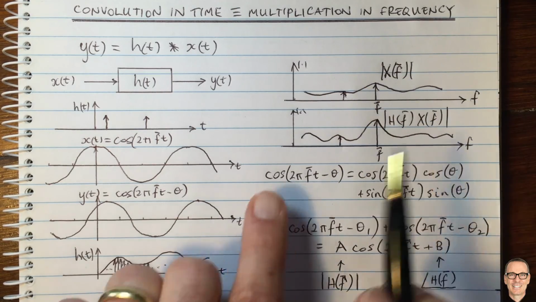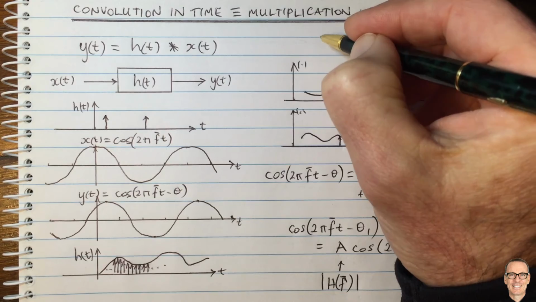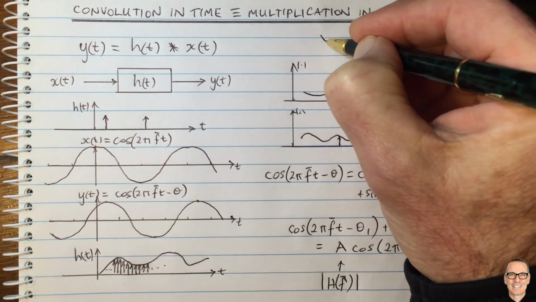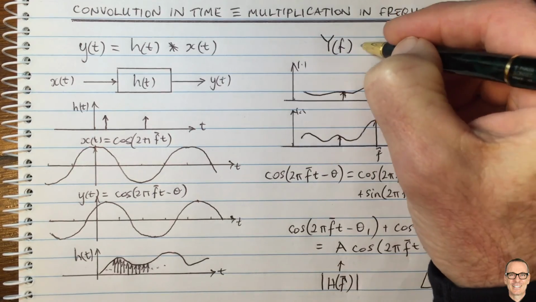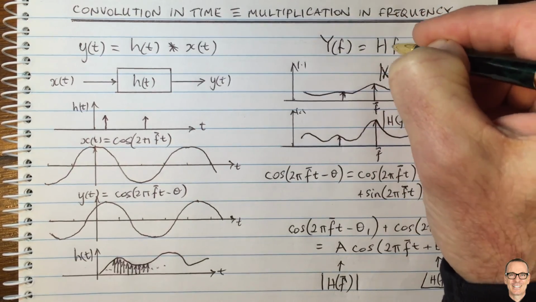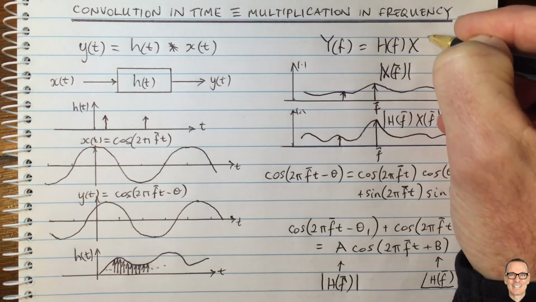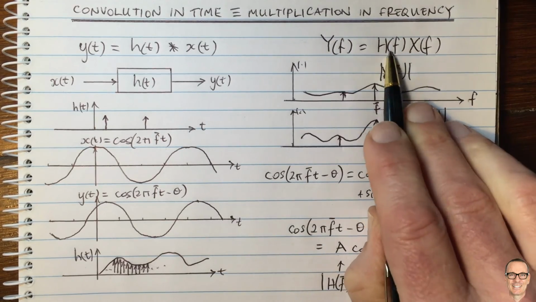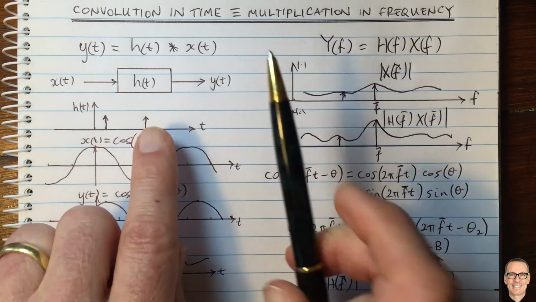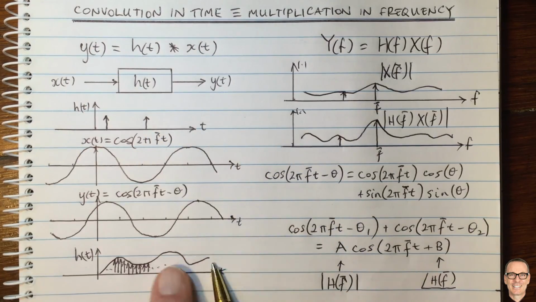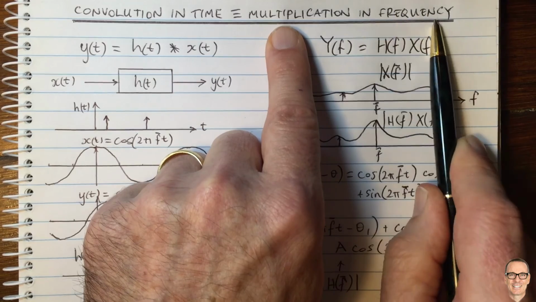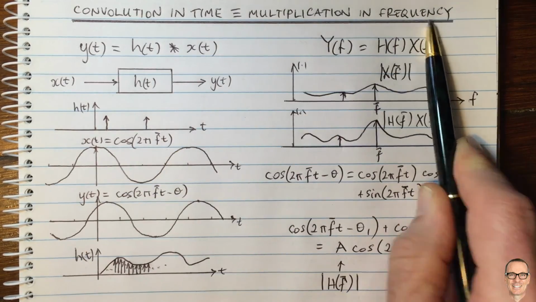So now hopefully you can see that leads us to the overall equation where the output in the frequency domain for any general frequency equals the input multiplied by the channel gain at that frequency. And therefore we've shown here that convolution in the time domain is the same as multiplication in the frequency domain.